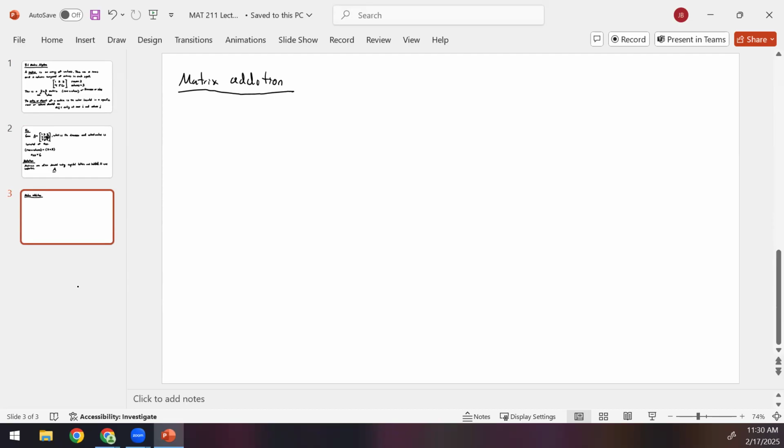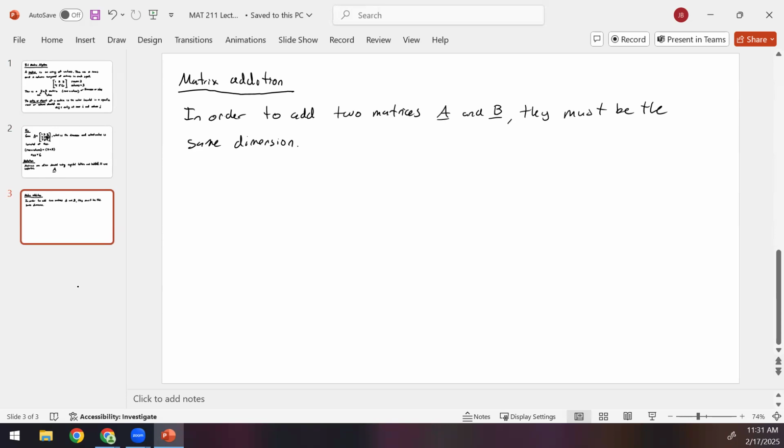With addition of matrices, we have to follow a rule. In order to add two matrices, A and B, kind of like fractions, they must be the same dimension.